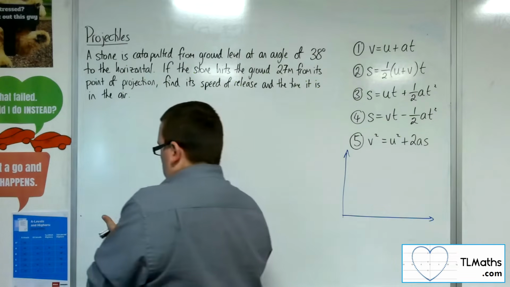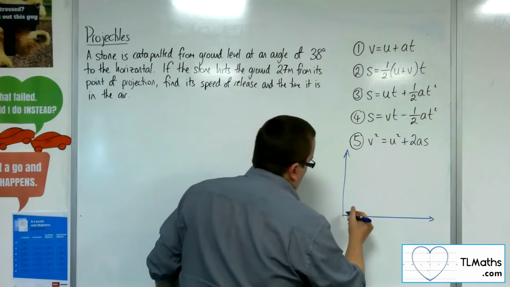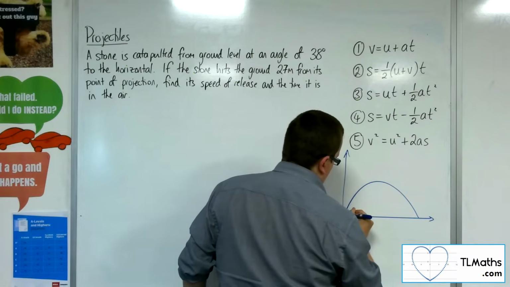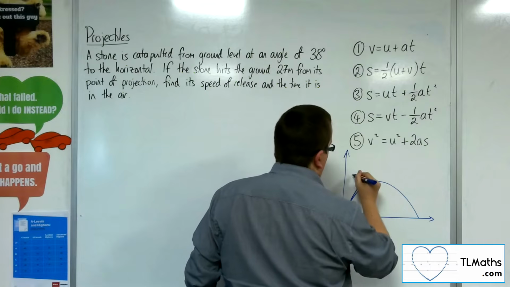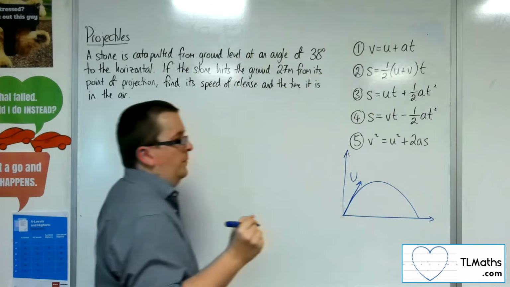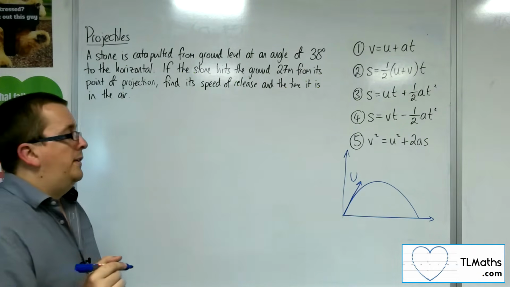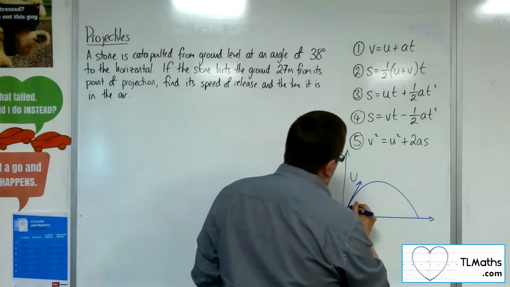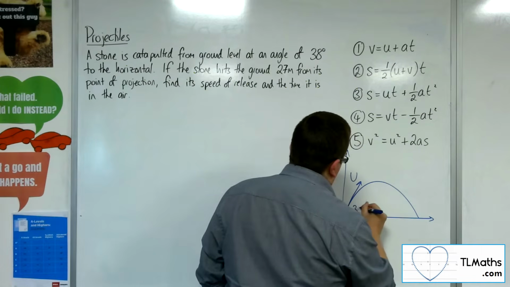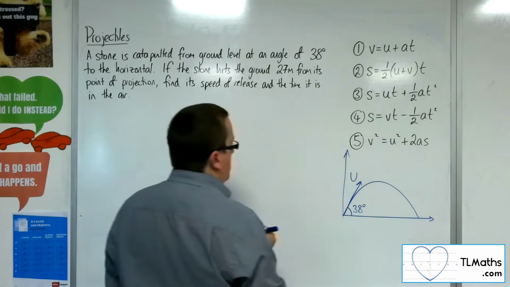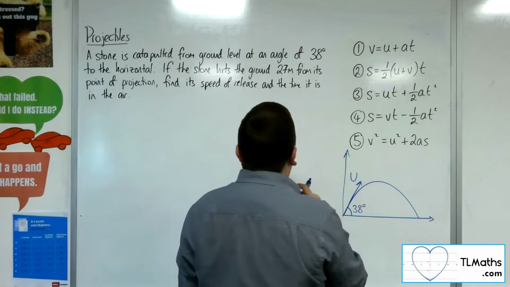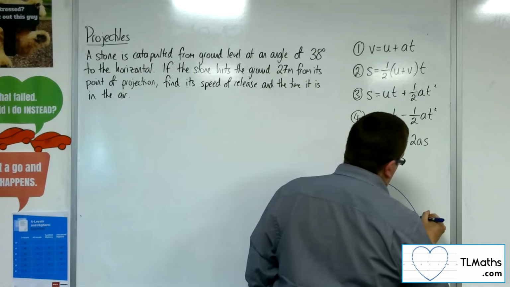Okay, so the stone is catapulted with an initial speed, I don't know, of u meters per second. I know that it's catapulted at an angle of 38 degrees, and that it's 27 meters from its point of projection when it hits the ground.